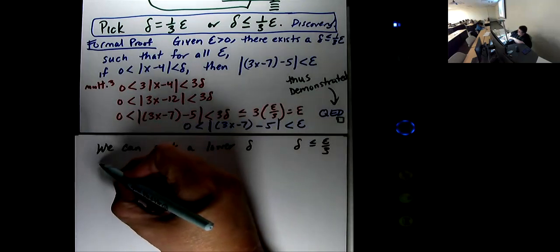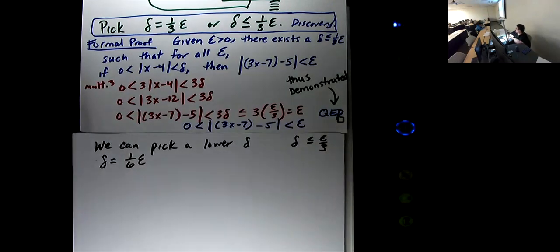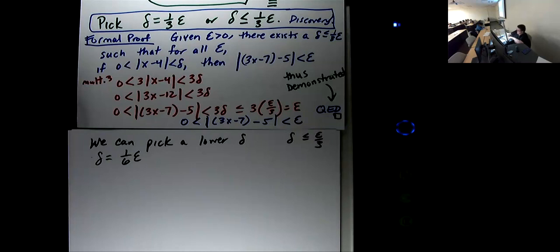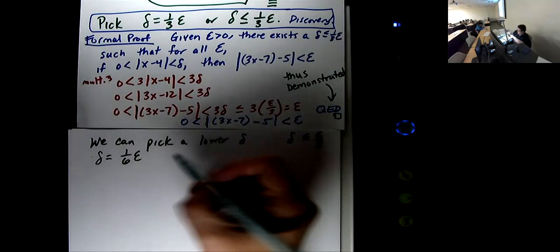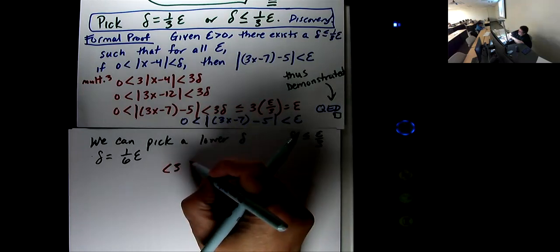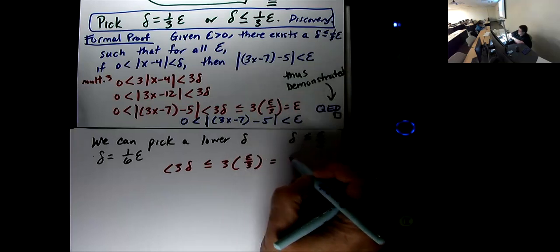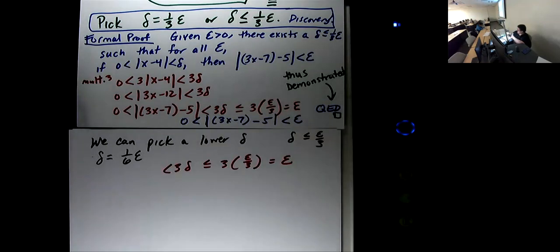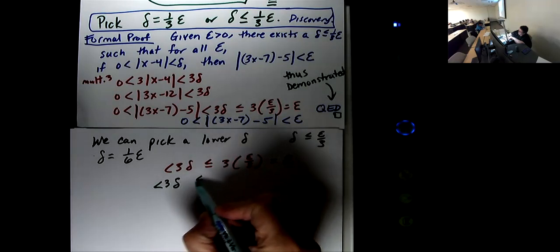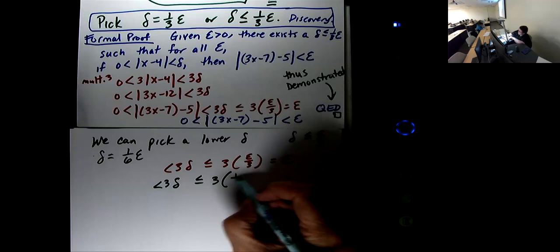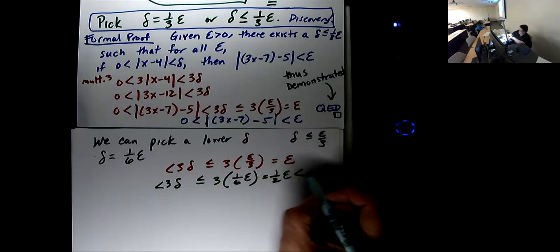Like if we do delta is 1/6 epsilon, which is like half of 1/3 epsilon, the inequality string at the end, where we had 3 delta less than or equal to 3 times epsilon over 3 equals epsilon, changes to less than 3 delta, which is less than 3 times 1/6 epsilon, which is 1/2 epsilon, which is less than epsilon.